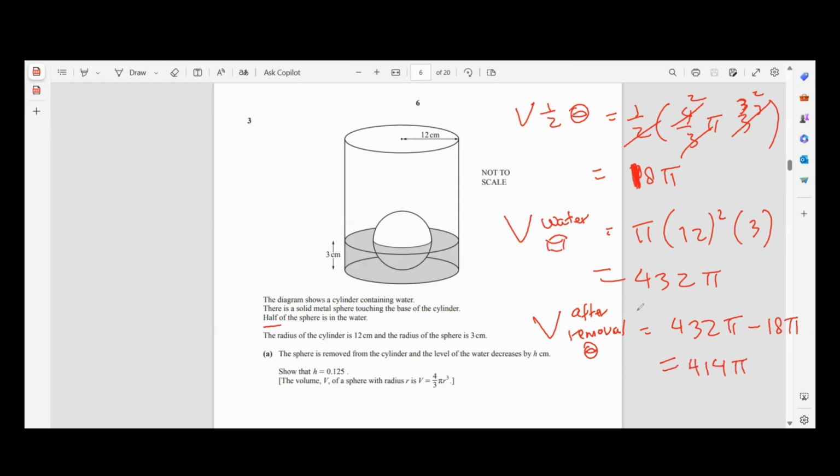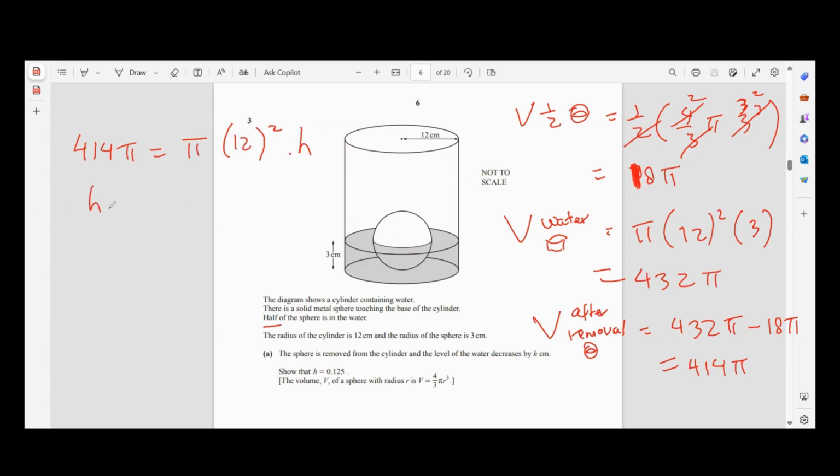So that's the volume of the water. And then we can find the h decrease. It is 414 pi equals pi, and the radius does not change, it's still 12 squared, times the h.